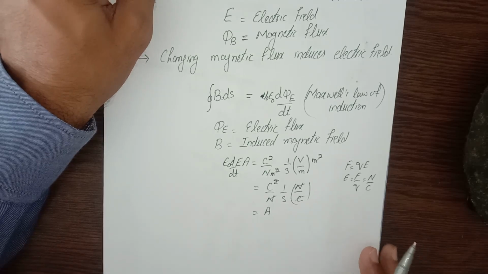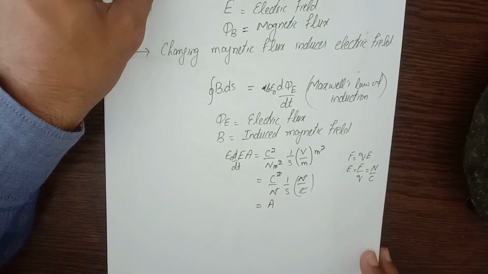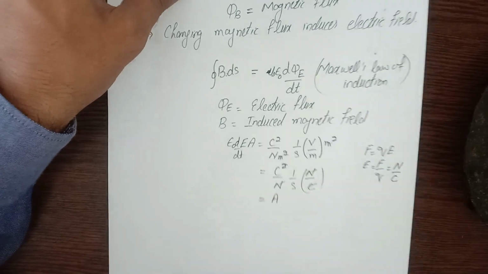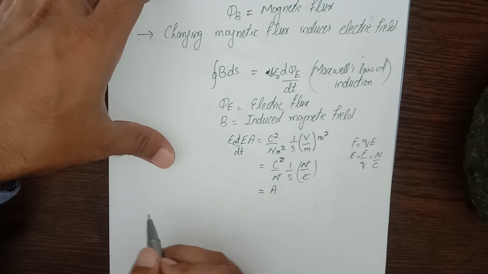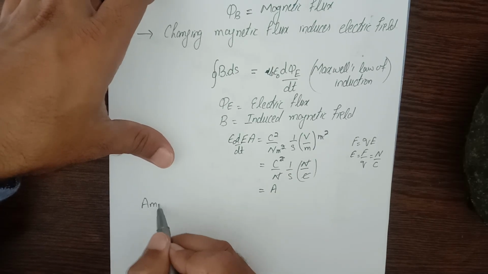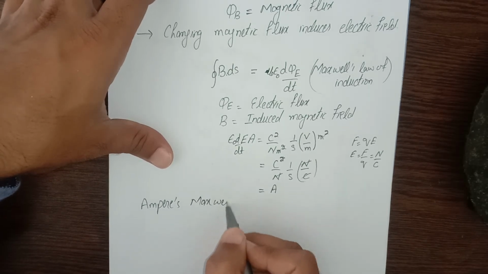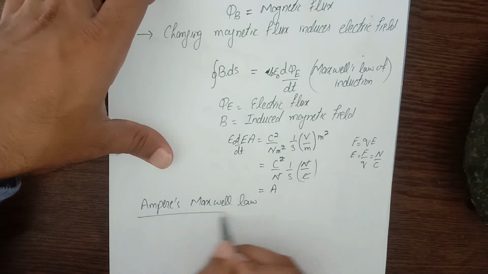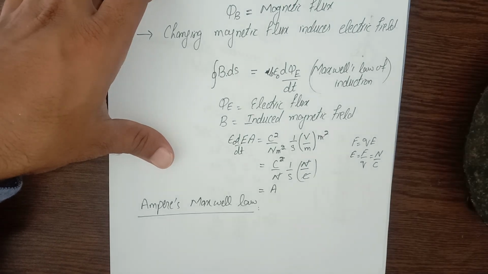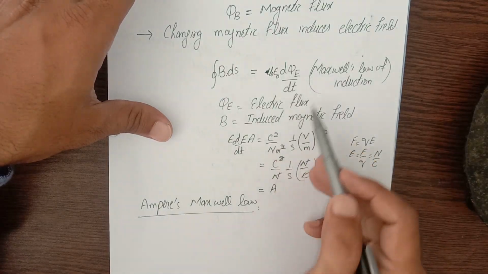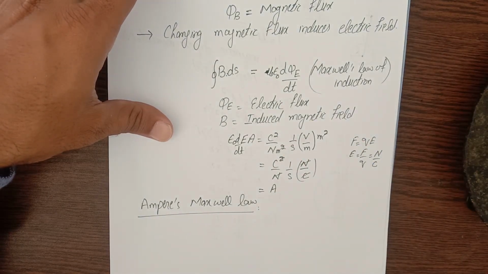Now let's see in our next section what this represents. This turns out to be Ampere-Maxwell law. Now we have written B dot ds to be equal to mu naught times, this can also be a current.